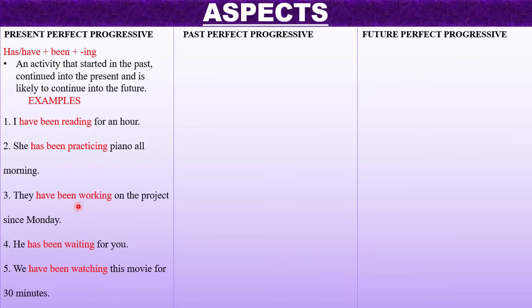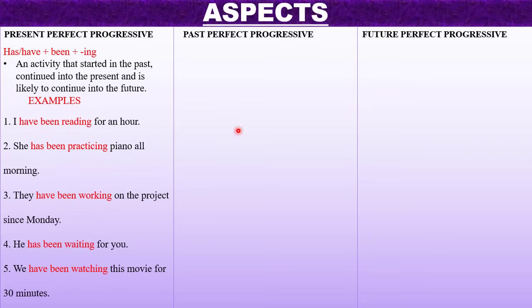They may even continue to work on the project in the future time. So they have been working on the project is present perfect continuous. He has been waiting for you. Present perfect continuous. Has been waiting for you. We have been watching this movie for 30 minutes. Present perfect continuous. Try to write down your own sentences in the present perfect continuous to master this aspect.